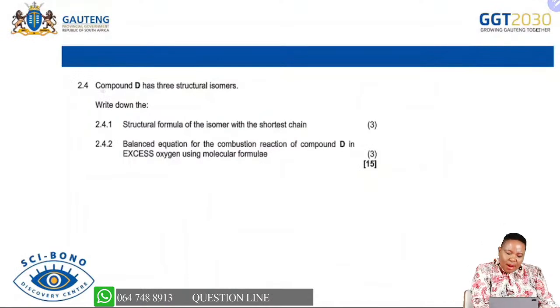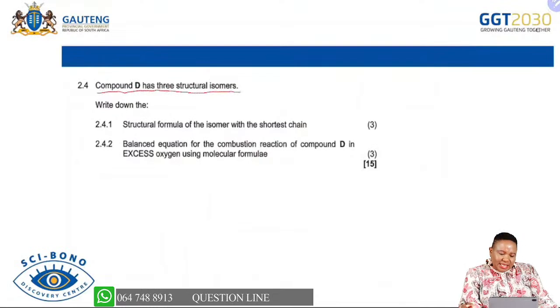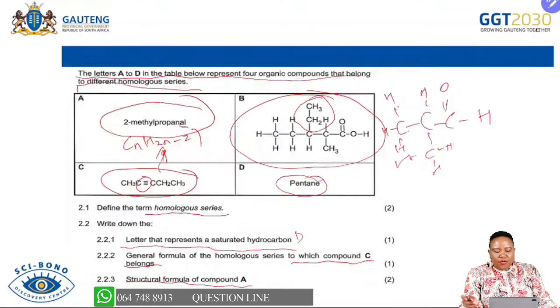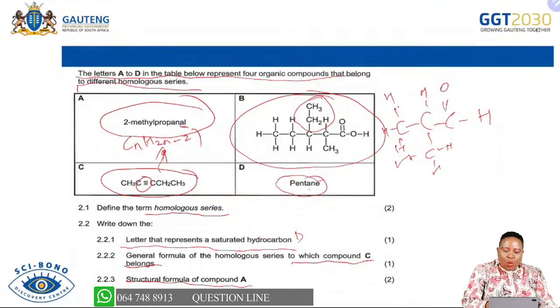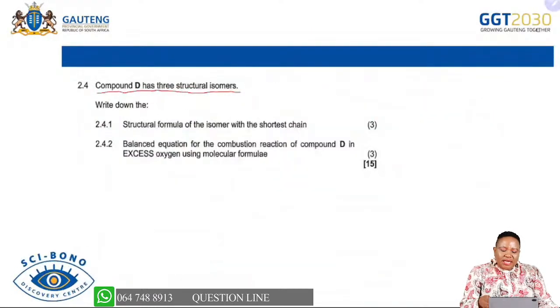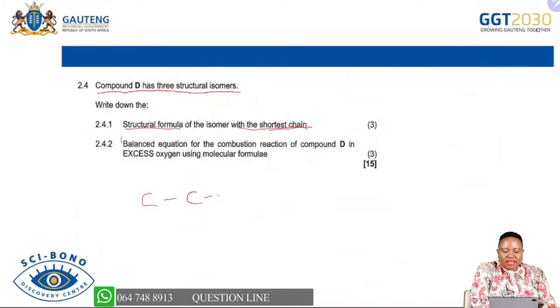Then the one that I'm interested in before I go to the next question is, they say compound D has 3 structural isomers. If you look at compound D, you can see it's our pentane. So our pentane has 3 structural isomers: the first one is pentane, the second one can be a methylbutane. Now they say draw the structural formula of the shortest isomer.